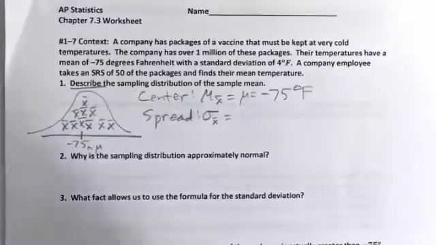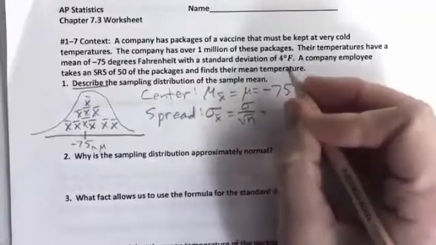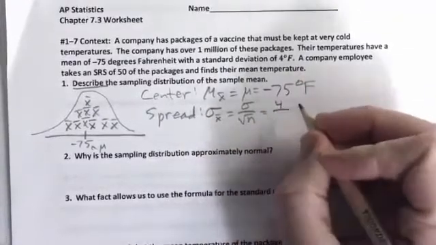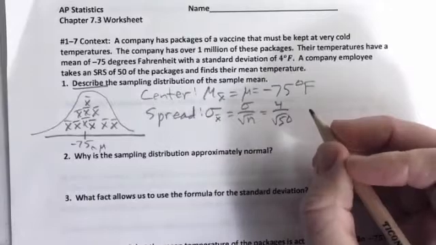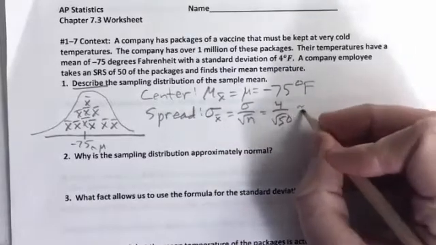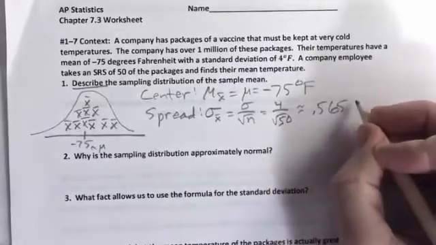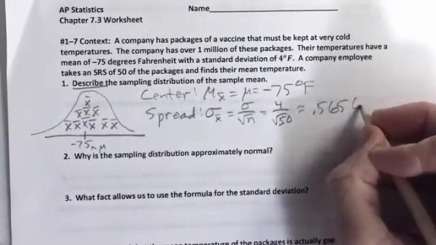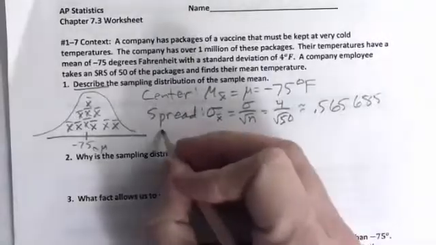So that would be 4 degrees Fahrenheit over the square root of 50, which is approximately equal to 0.565685.